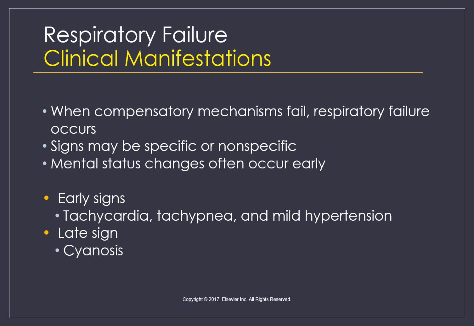A later mental status change would be confusion. Those all indicate inadequate O2 delivery to the brain. Other early signs are vital sign changes: tachycardia, tachypnea, mild hypertension. A late sign is cyanosis, which doesn't typically occur until respiratory failure is severe.